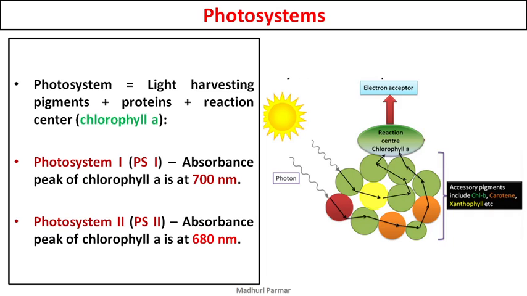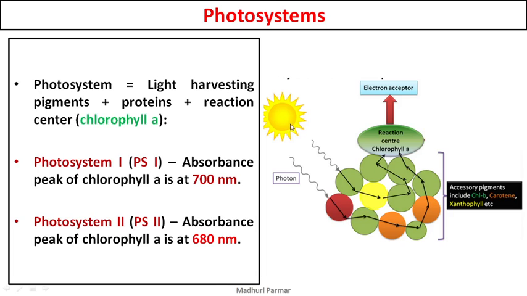There can either be chlorophyll A 700 or chlorophyll A 680. So chlorophyll A also has two types. Chlorophyll A 700 is the type which absorbs light at 700 nanometer. All the 700 nanometer light will be absorbed by chlorophyll A of photosystem 1.